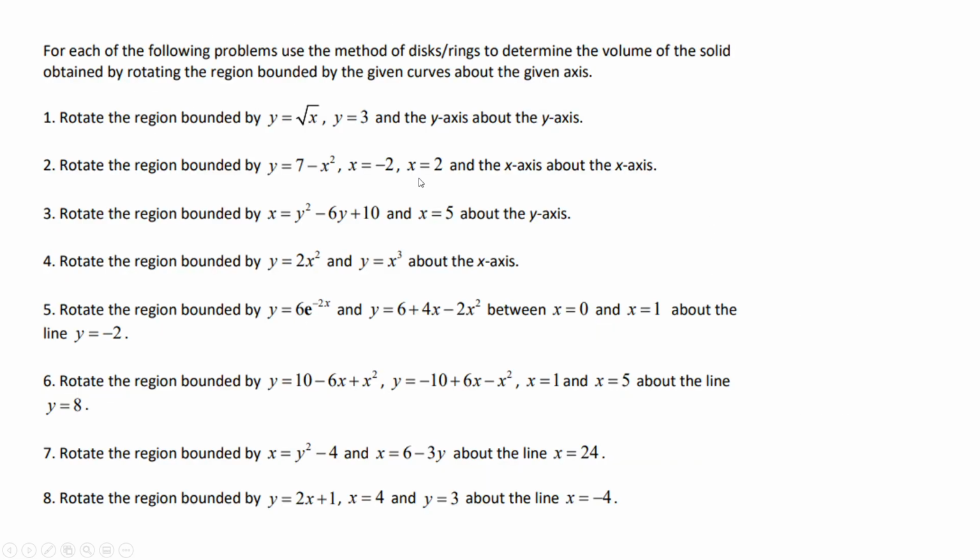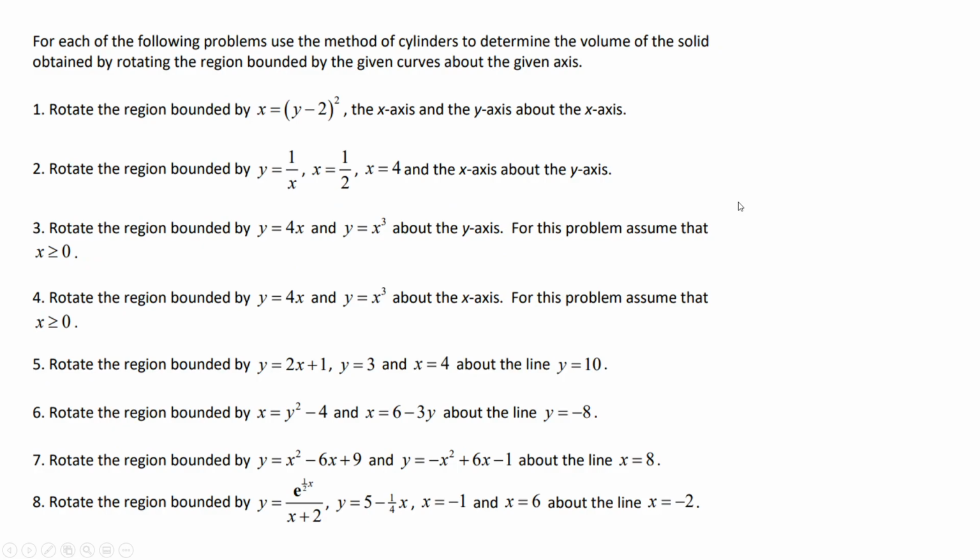All right, so I'm going to post your assignment later. It's quite a lot. This one is for the method of disk and washer. You can also call it rings, as some books refer to it. So 8 problems, and for the cylinder 8 problems as well.